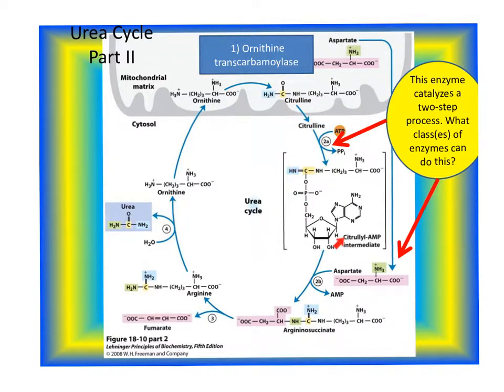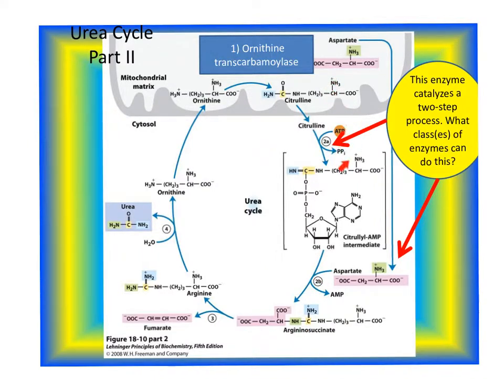It makes this citrullyl-AMP intermediate, which is a really good leaving group, and it hooks up with aspartate. The aspartate from before comes back down, knocks off the AMP in order to make argininosuccinate. They've got it labeled as 2A and 2B.